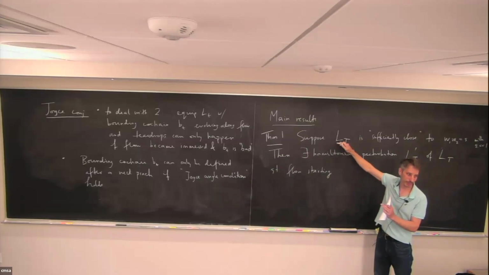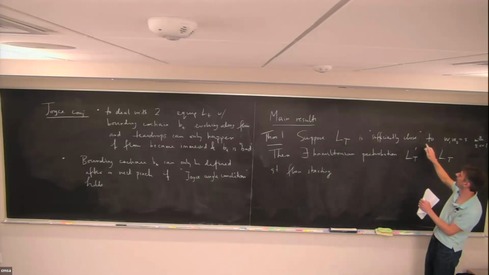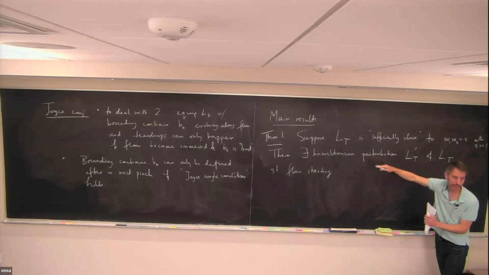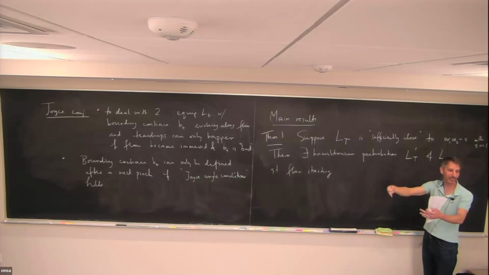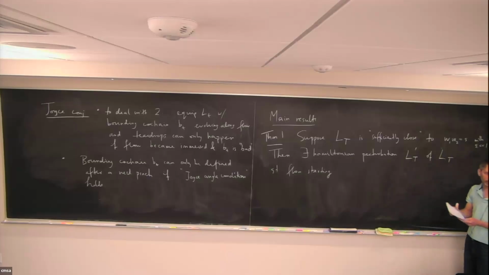Like, if this LT is within delta of this thing, then this perturbation has to be somehow not arbitrarily small compared to delta. So there's this kind of subtlety. I can draw a picture in a second.